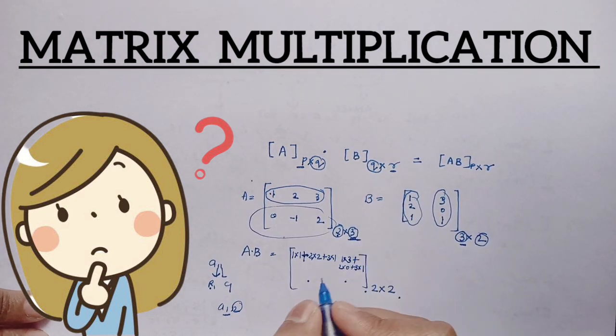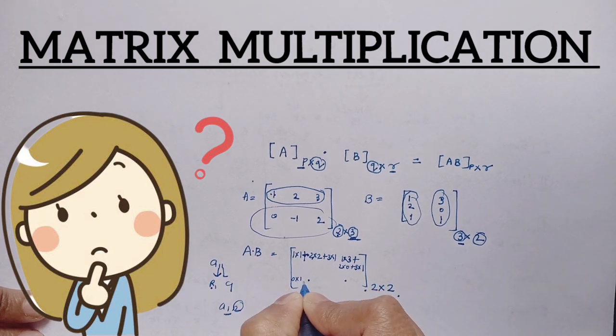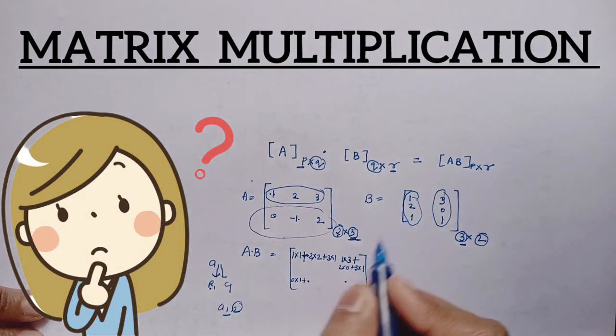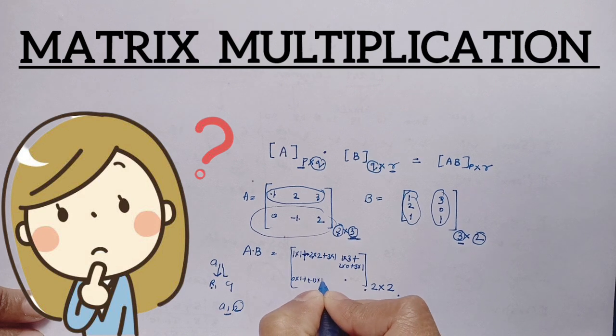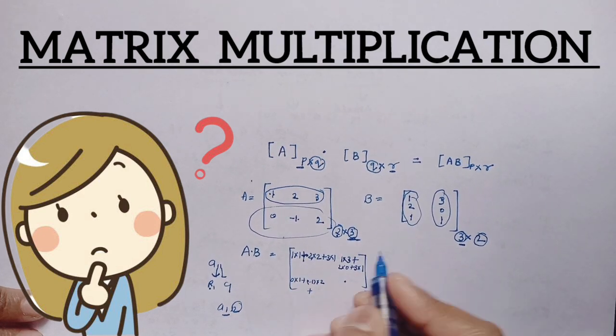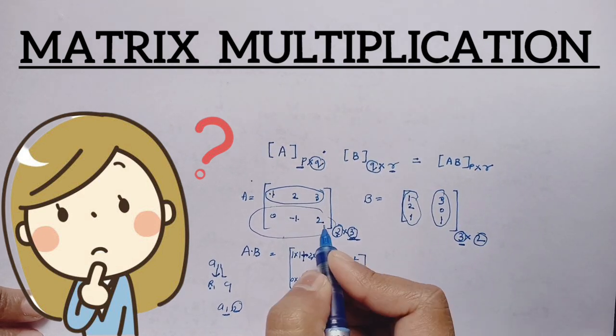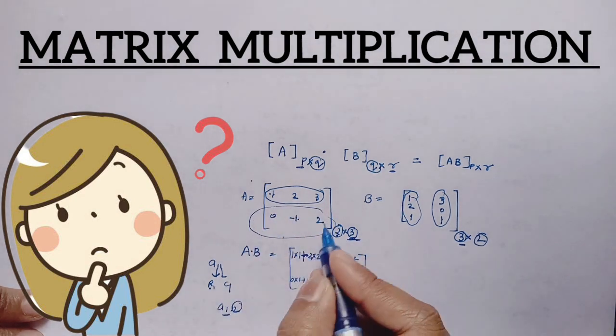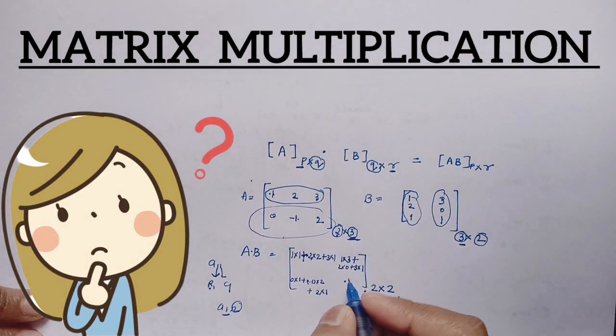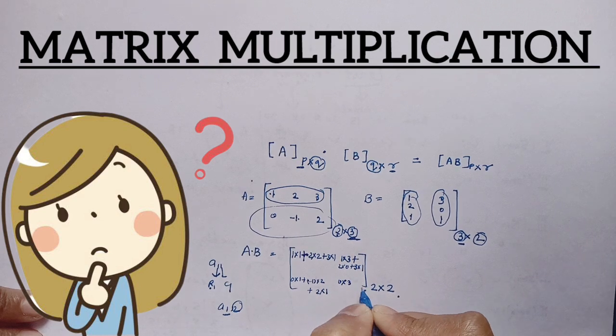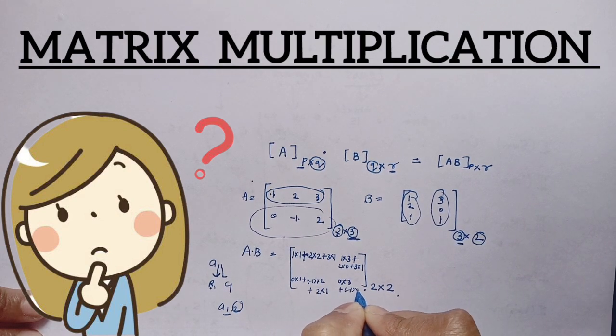So 0 into 1 plus minus 1 into 2 plus 2 into 1. Now the A22 element, second row and second column. 0 into 3 plus minus 1 into 0 and plus 2 into 1.